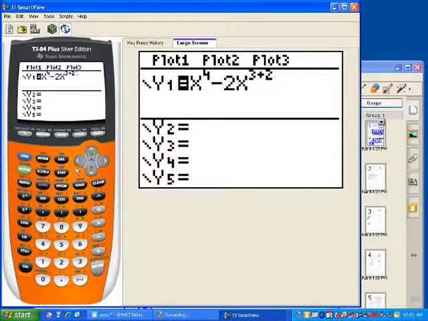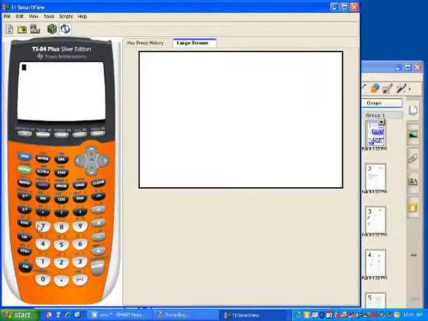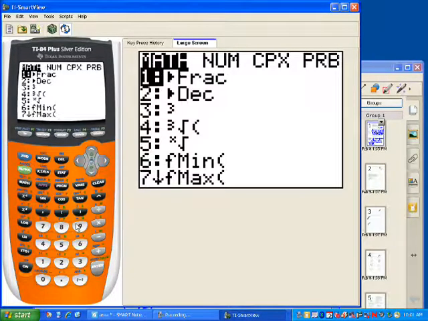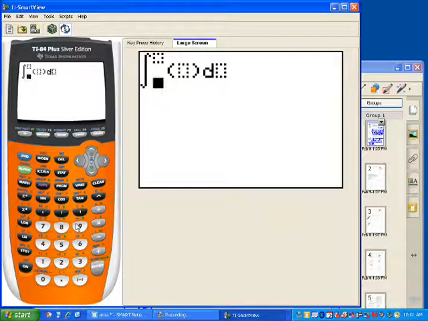Oopsie. Okay. And then second quit out of there. And then go to Math 9. And go ahead and put your limits of integration in there.